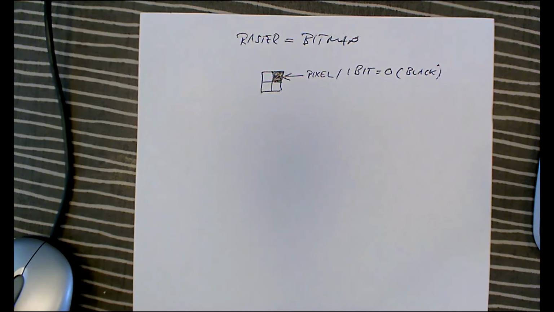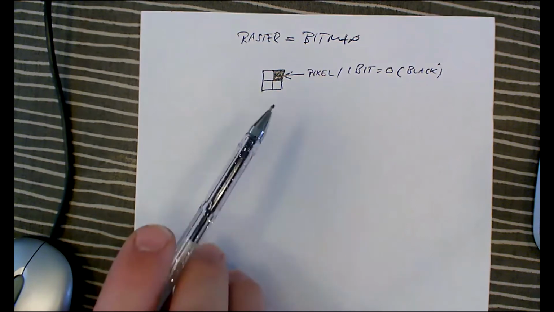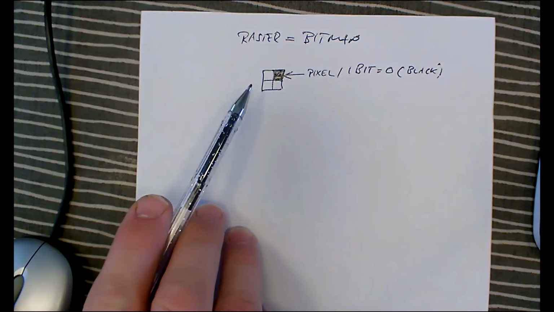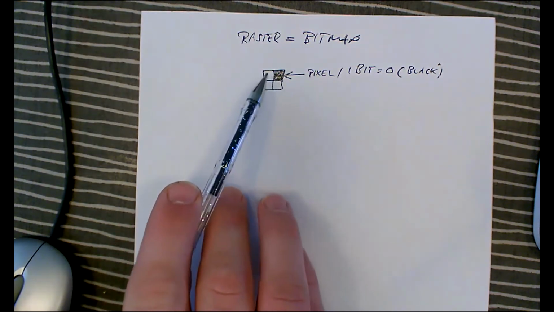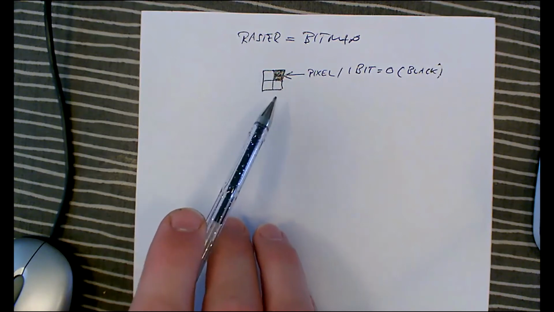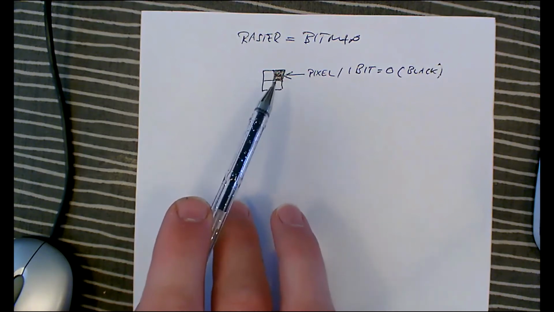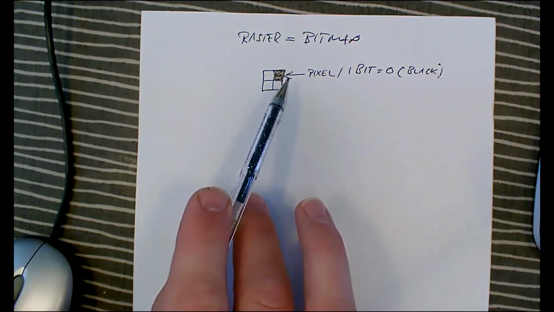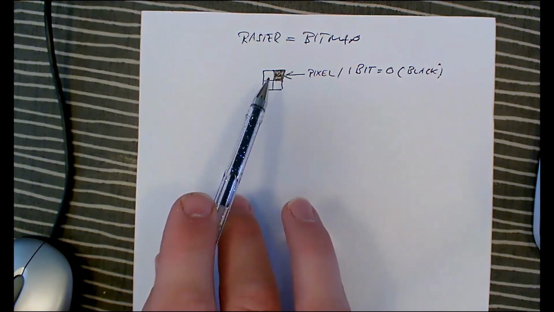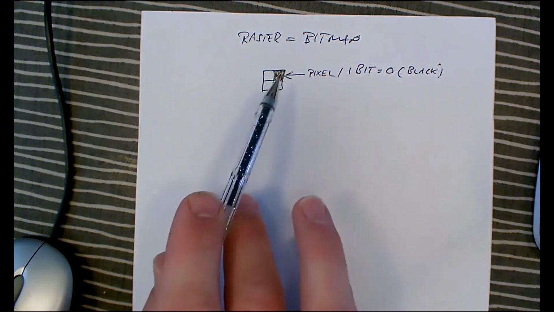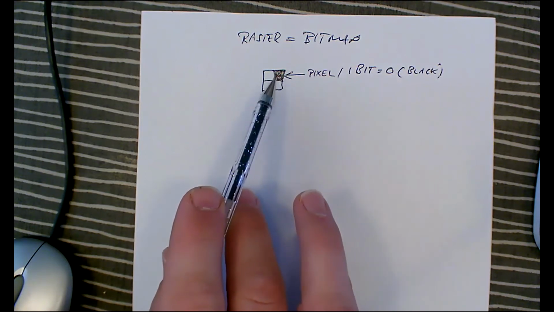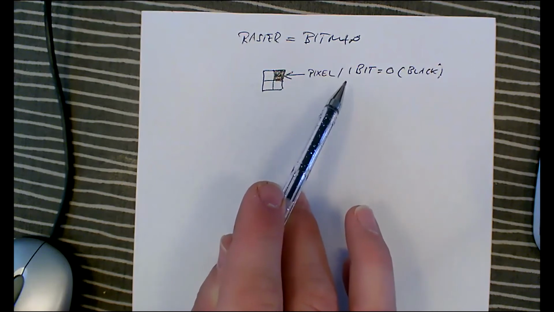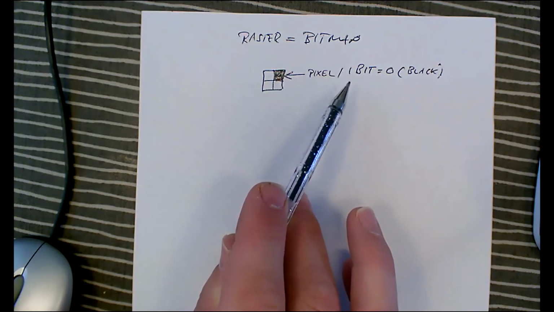So if we look at this simple diagram here, we've got a picture, we've got 4 squares in there. Each one of these squares is a pixel, and in this case, this pixel is black, and it's got 1 bit. It's storing 1 bit of color depth.